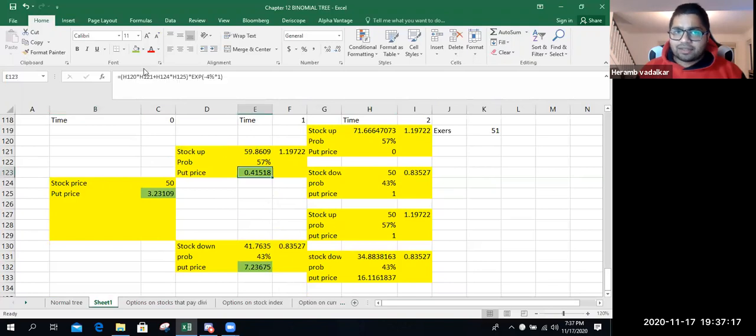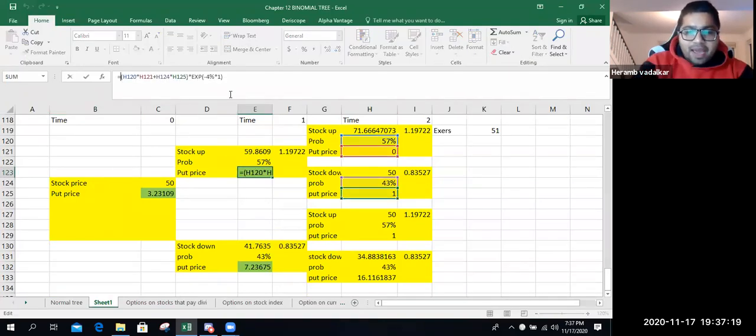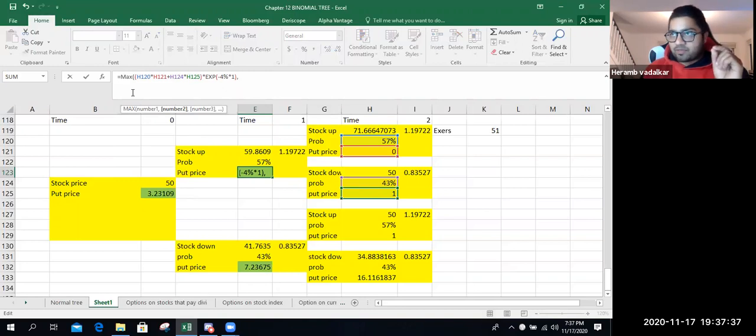So how to do that? It will be max of calculated European value and whatever put price you get by exercising early. So once again, you have to use the max function. Max of calculated value, that doesn't change.